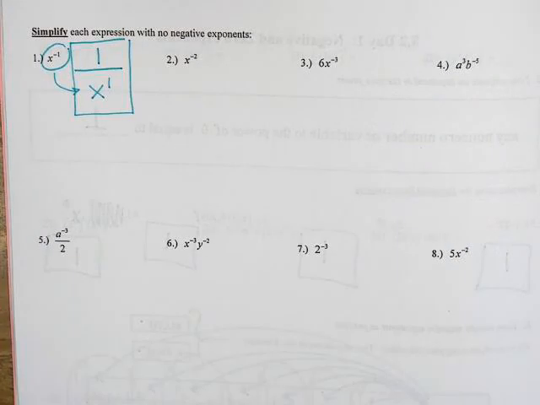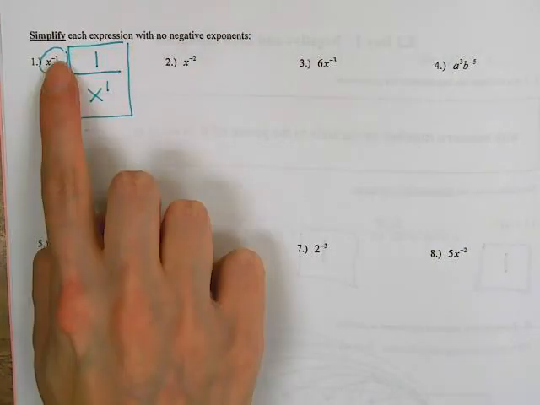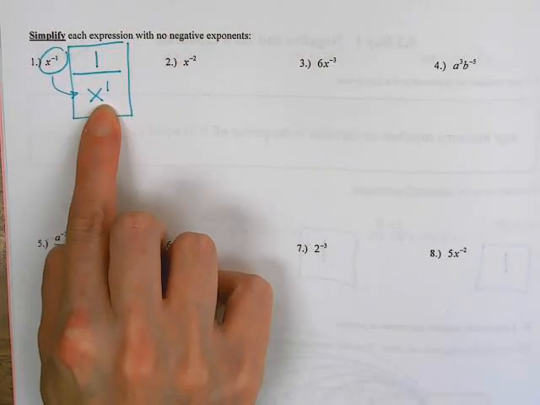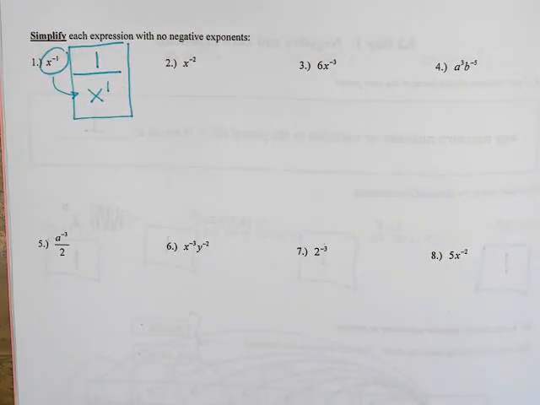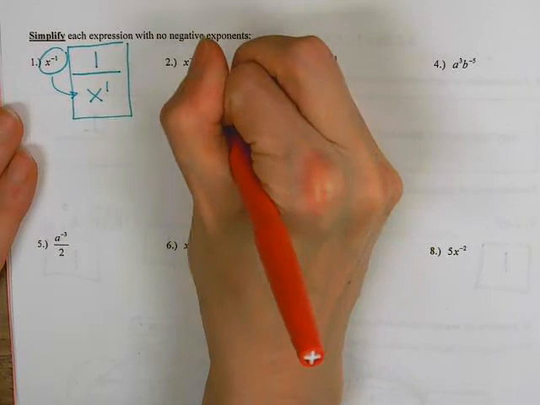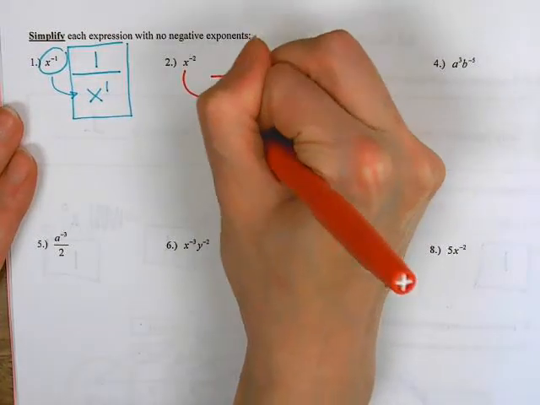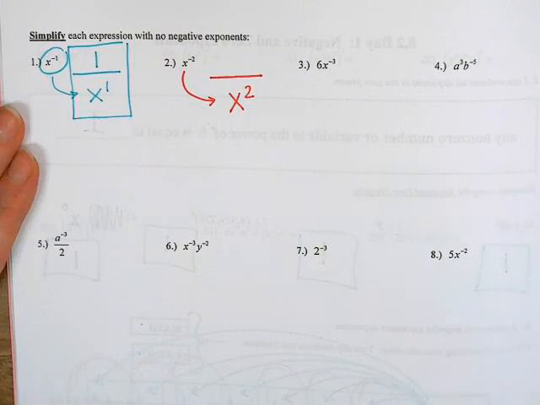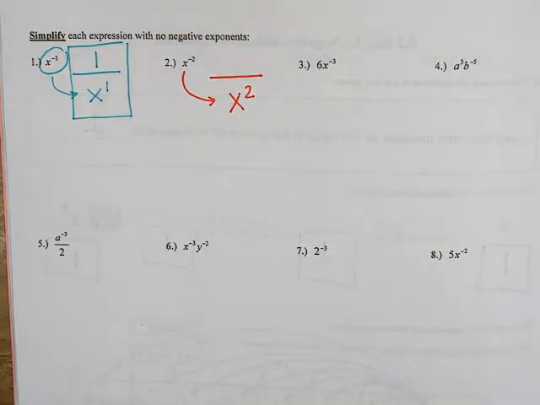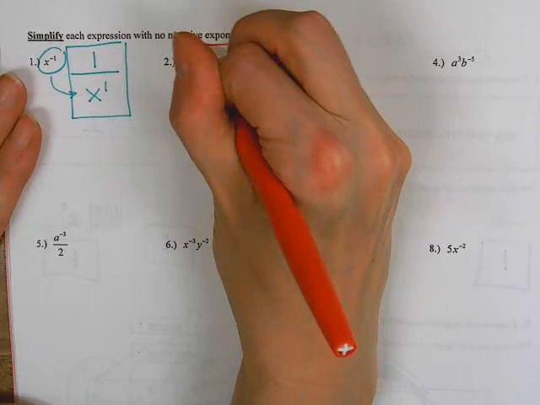So a negative exponent just drops it to the denominator and makes it positive. Let's try 2. A negative exponent will drop it to the denominator and make it positive, and if everything is gone, you have to put a 1.